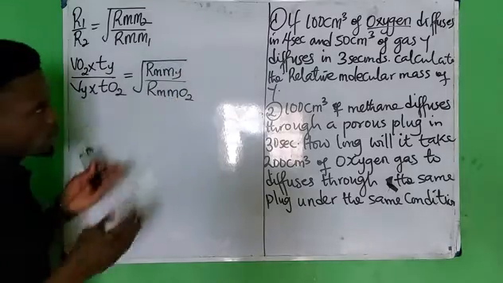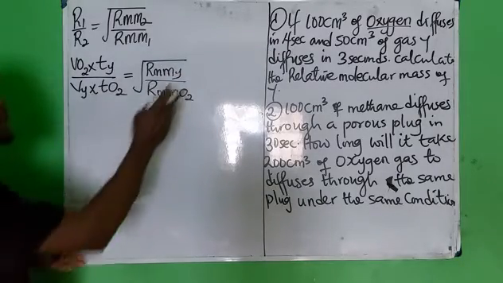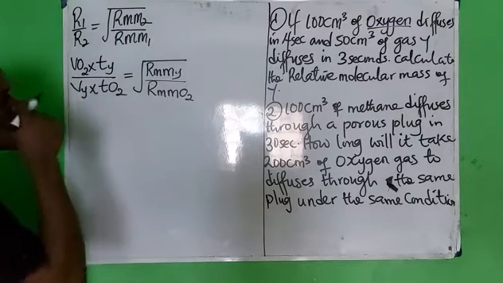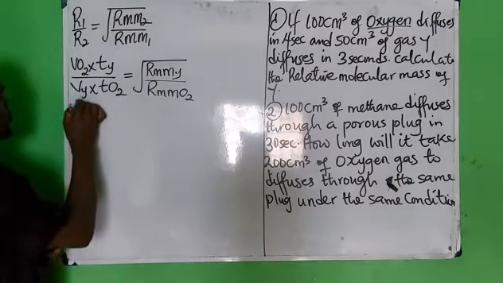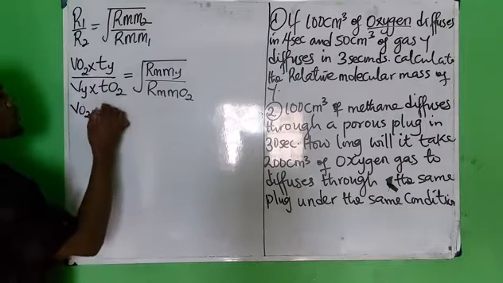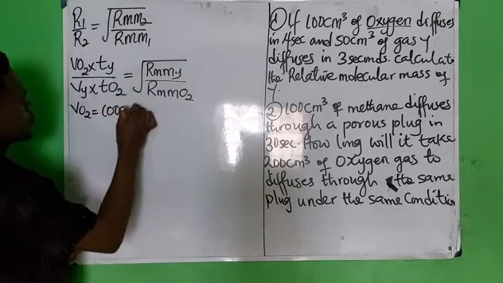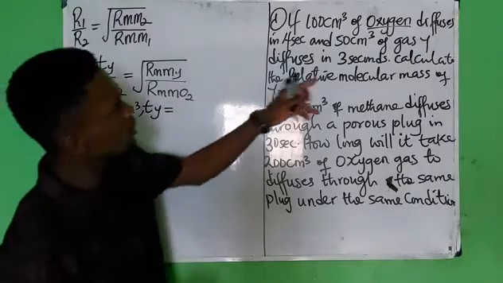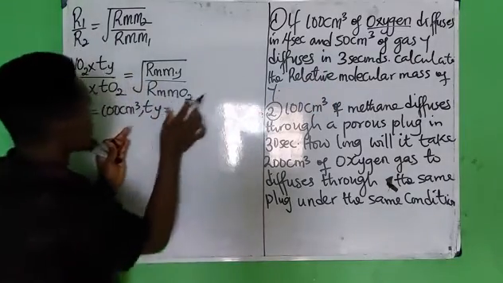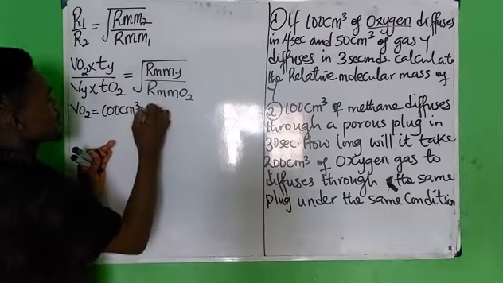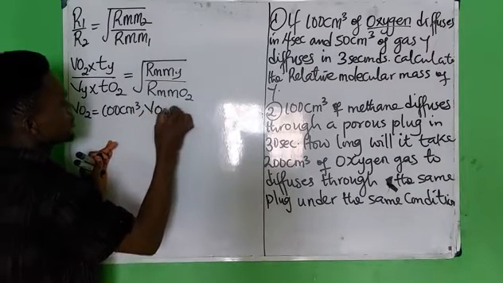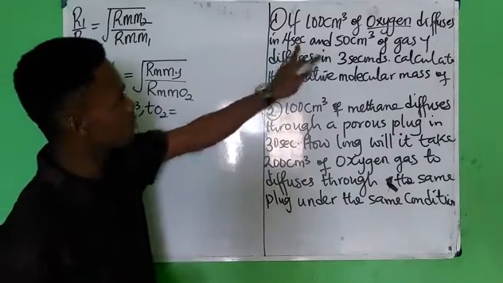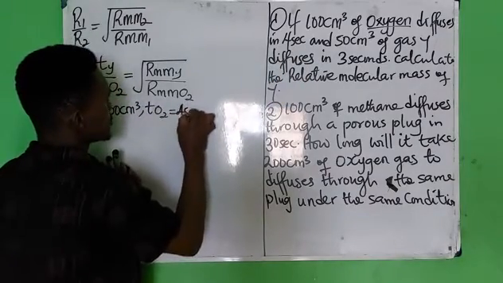So with this, food is almost getting ready for eating. Now you go back to the question, since you've written out the formula, bring out your parameters, then slot in your parameters, you solve. So what do we do next? You say volume of oxygen now is what? 100 cm cube, right? Time of oxygen, let's do oxygen first, and time of oxygen is what? 4 sec.